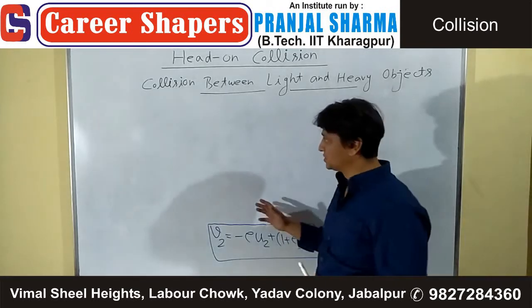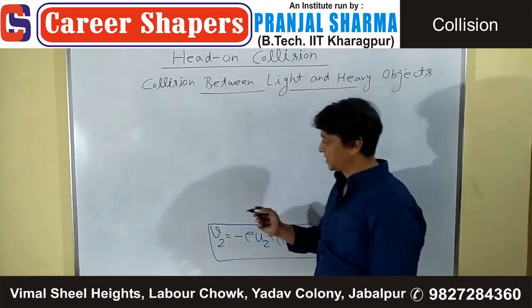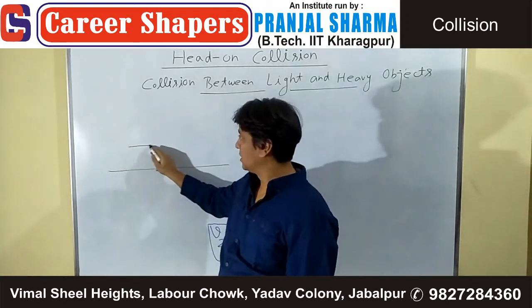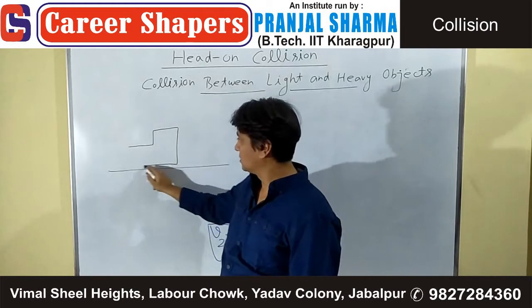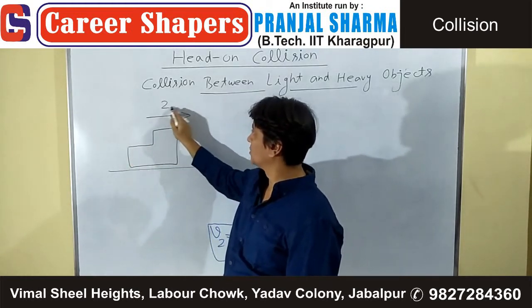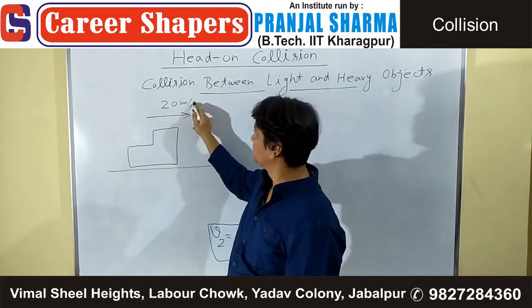Now let's see a few examples on this. We have been given a truck. That's a truck. And this truck is moving in this direction with 20 meters per second.